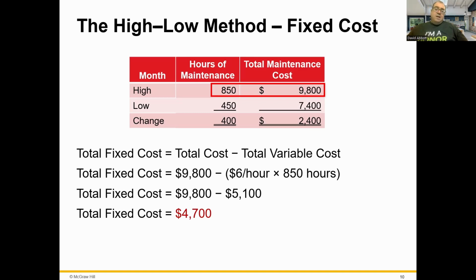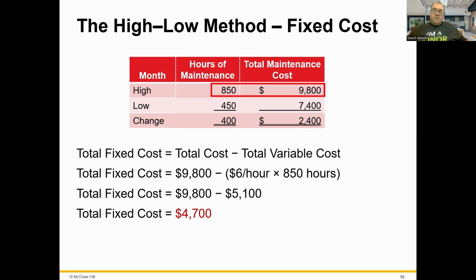So in this case, the high amount of maintenance is 850 and the low amount of maintenance is 450. And so the difference is 400. And so if we take that, we're going to take the total fixed cost, which is 9,800, and then we'll subtract $6 an hour times the 850.